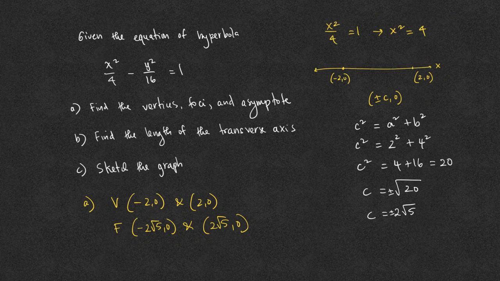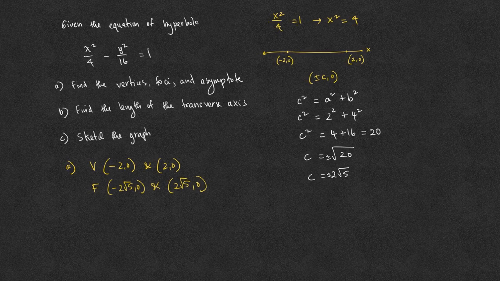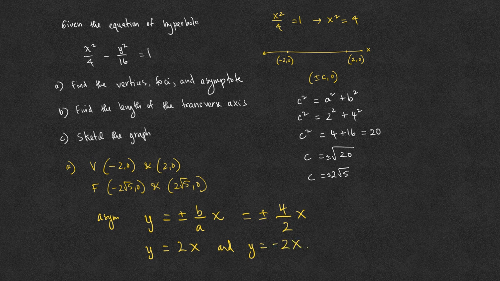For a hyperbola with the transverse axis on the horizontal axis, the asymptotes are always y equals plus or minus b over a times x, where in this case we saw that b is 4 and a is 2, and so the asymptotes are y equals 2x and y equals negative 2x.